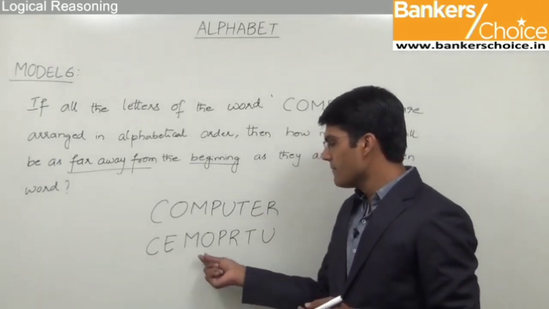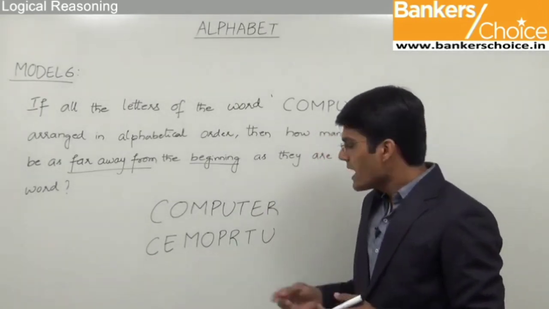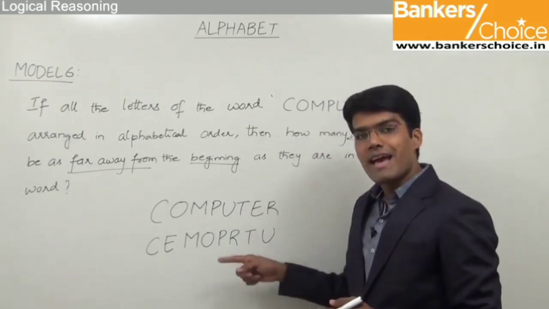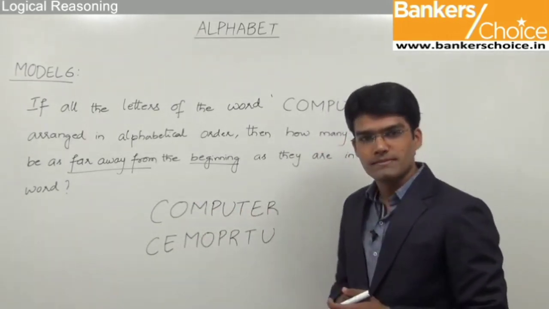That is C-E-M-O-P-R-T-U. Now we need to check how many of these letters are as far from the beginning as they are in the original word computer.